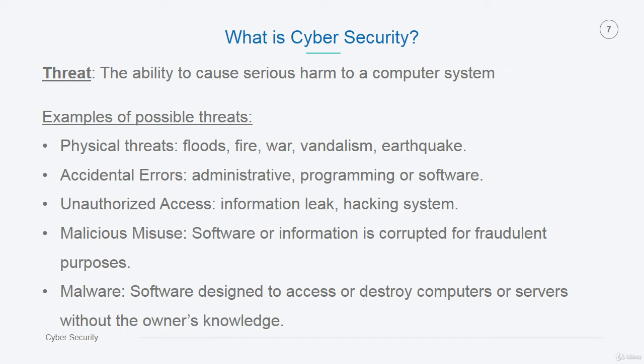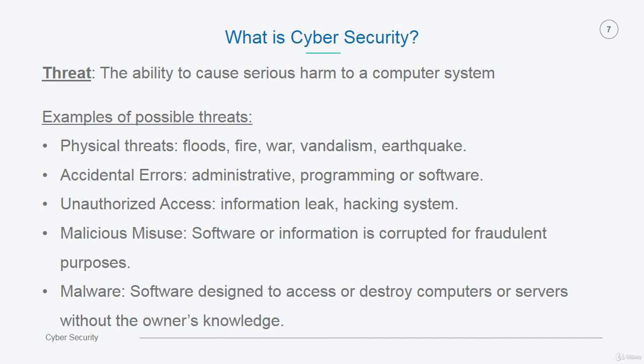There are many forms of possible threats, like physical threats, including floods, fire, war, vandalism, and earthquakes. There are accidental errors, like administrative errors, programming, or software errors. There is unauthorized access, which is information leakage and hacking systems.